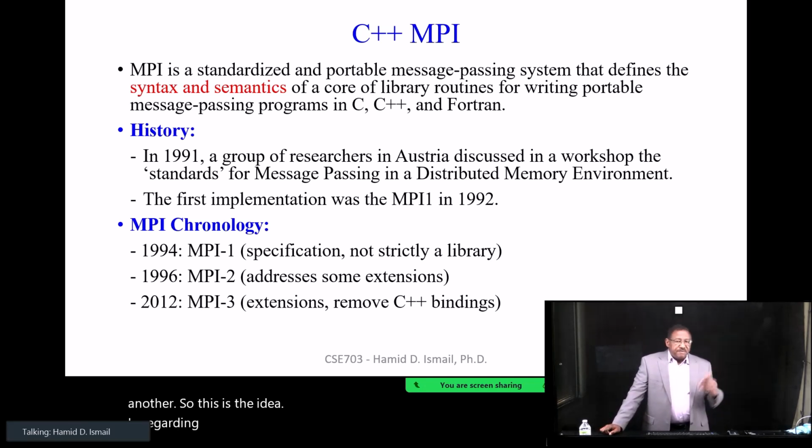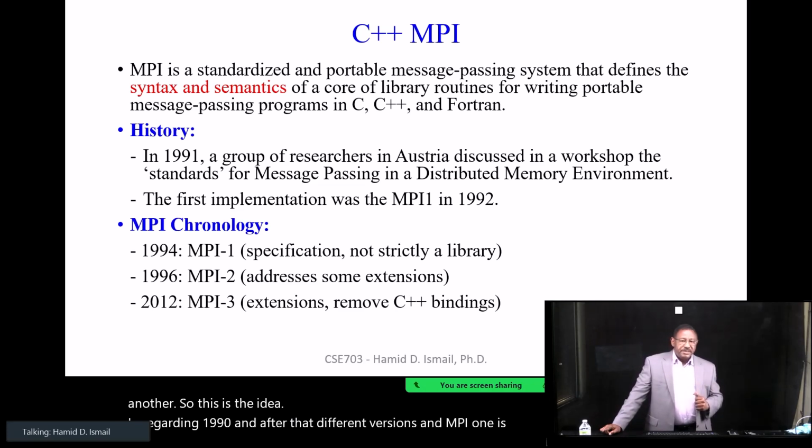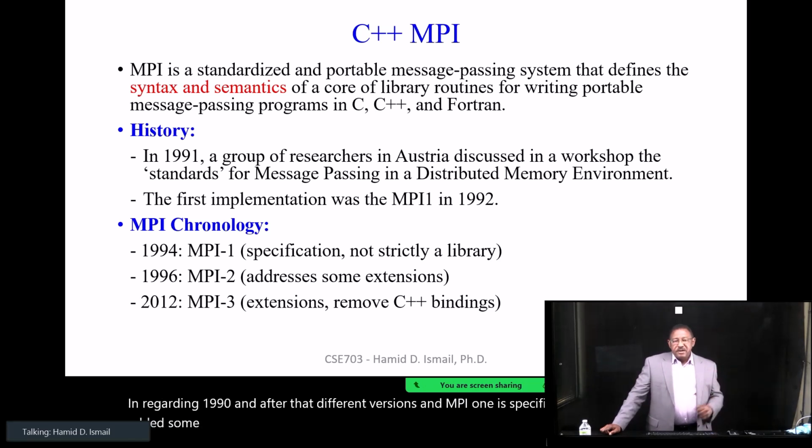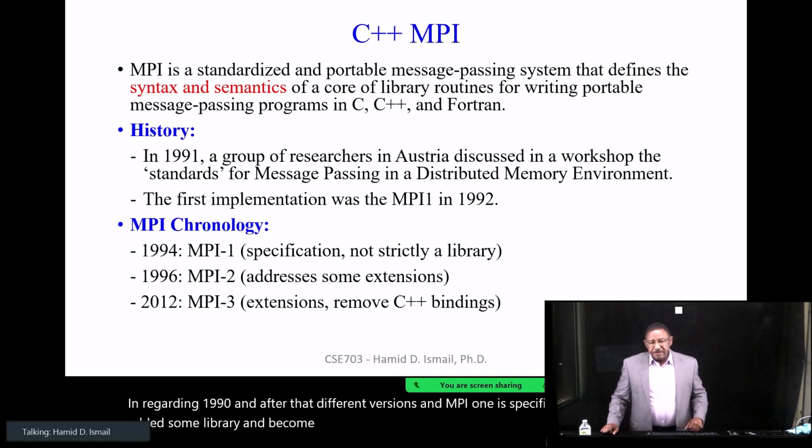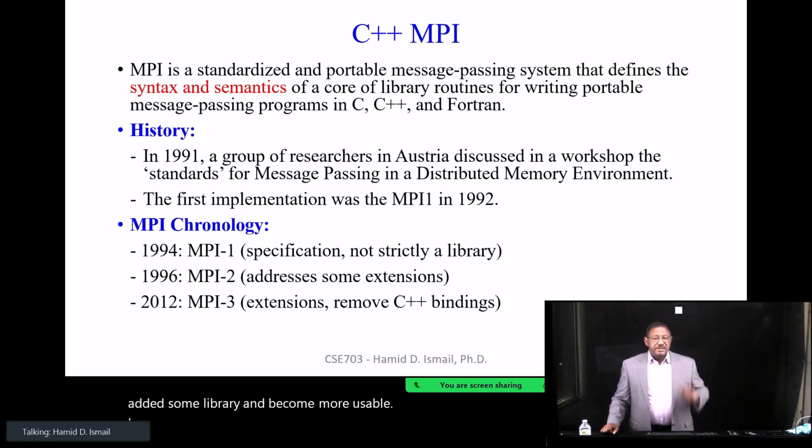After that, there were different versions. The MPI 1 specification was in 1994. It added some libraries and became more usable in high performance computing. After that, in 1996, MPI 2 added some extensions and libraries.